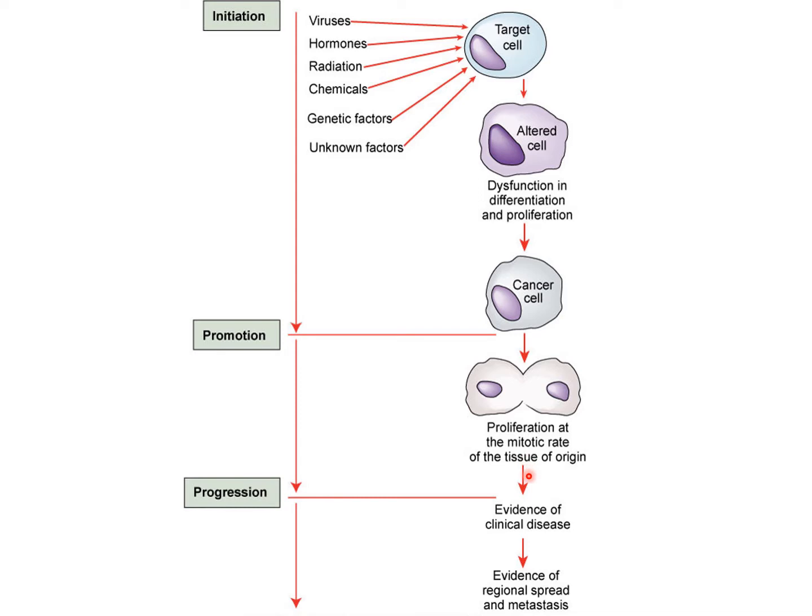But in most cases, if the cancer cells are that much stronger than your immune system, then it's going to progress, and you're definitely going to have evidence of clinical disease. And if you're unlucky, then this is going to spread and it's going to metastasize. So this is just an example of how the mutated cell ends up creating disease in your body.